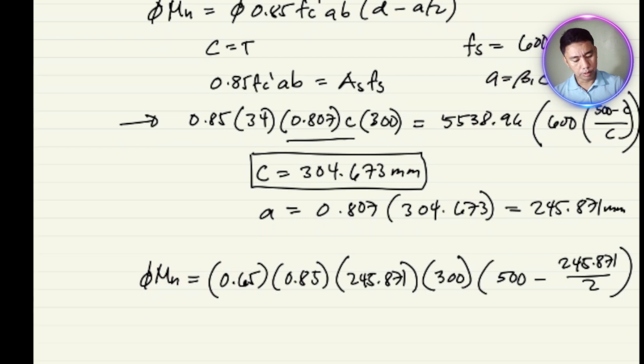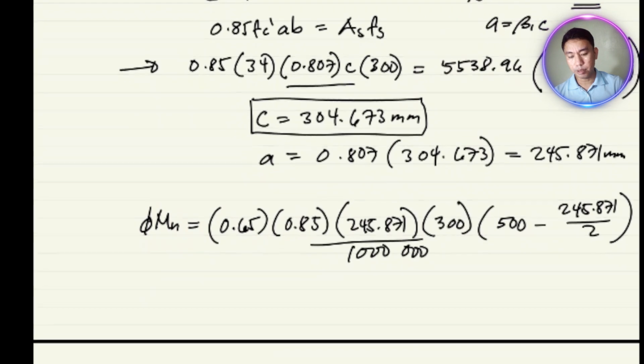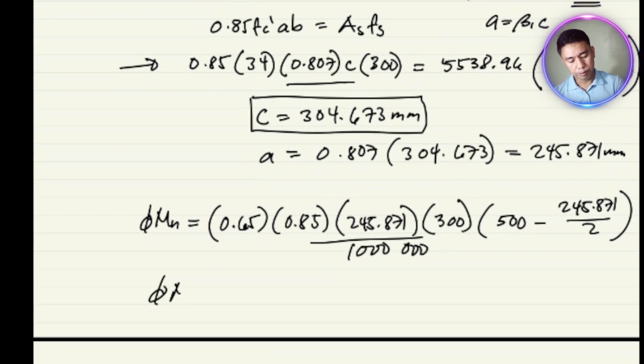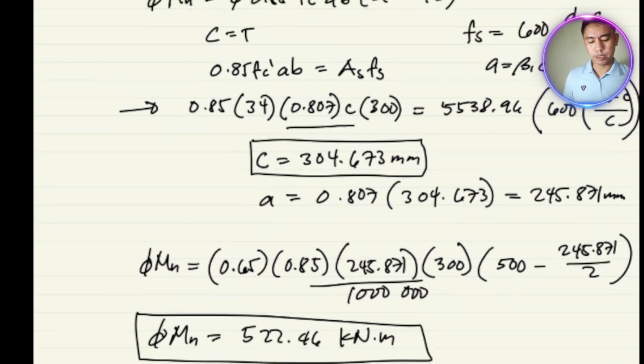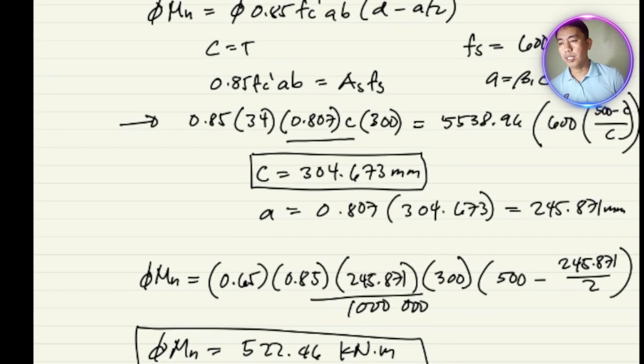Then let's divide that to 1 million. So we have phi Mn is equal to 522.46 kilonewton meter. Okay, so that's how you solve the moment capacity.